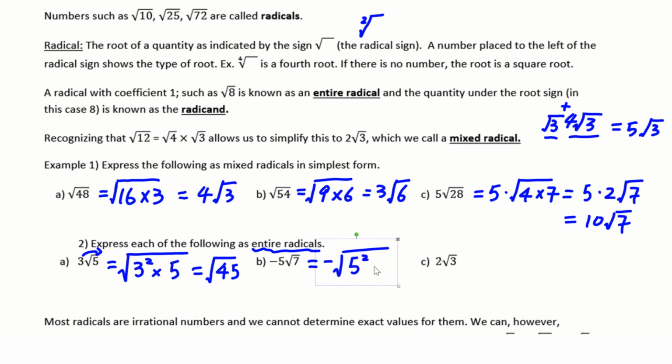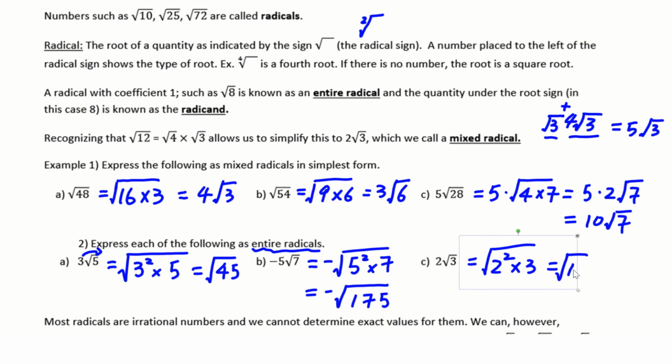So it's 5 squared times 7. Then we have negative square root of 25 times 7, which gives you 175. This one, bring 8 into the square root: 2 squared, then times 3. Then we have square root 12. So you need to know how to go from entire radical to mixed radical, and from mixed radical to entire radical.